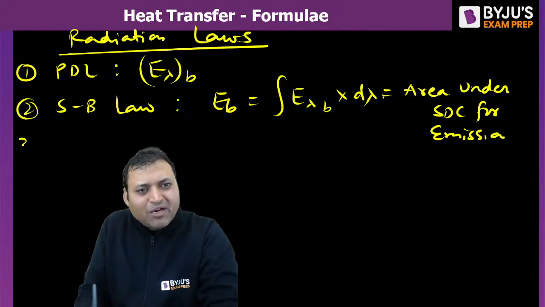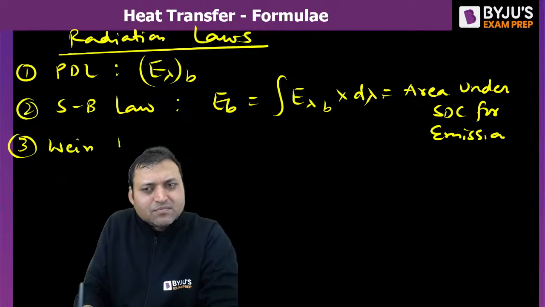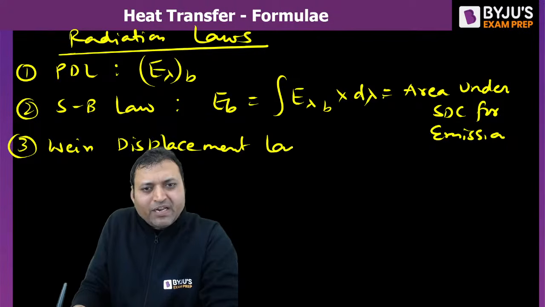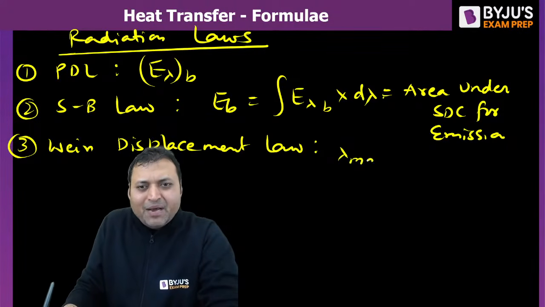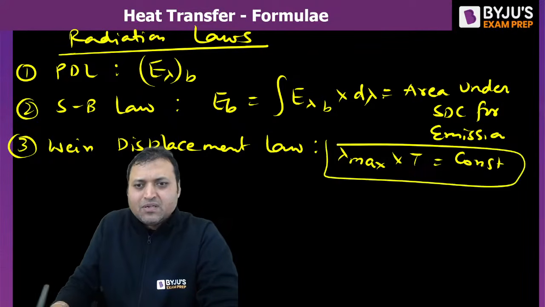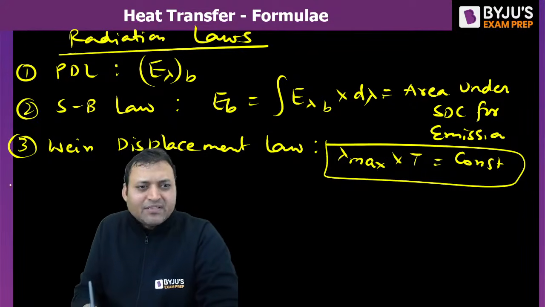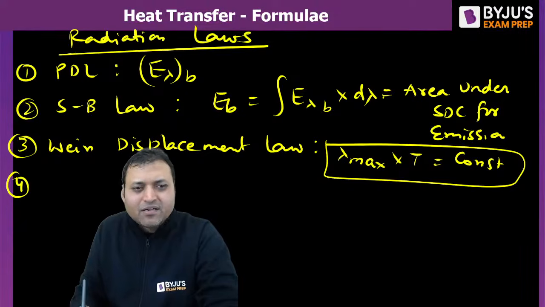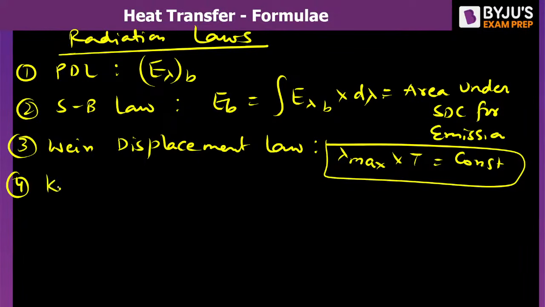Then Wien displacement law. According to Wien displacement law, lambda maximum into temperature is equal to constant. Then Kirchhoff's law of radiation. Epsilon is equal to alpha for temperature to be constant.